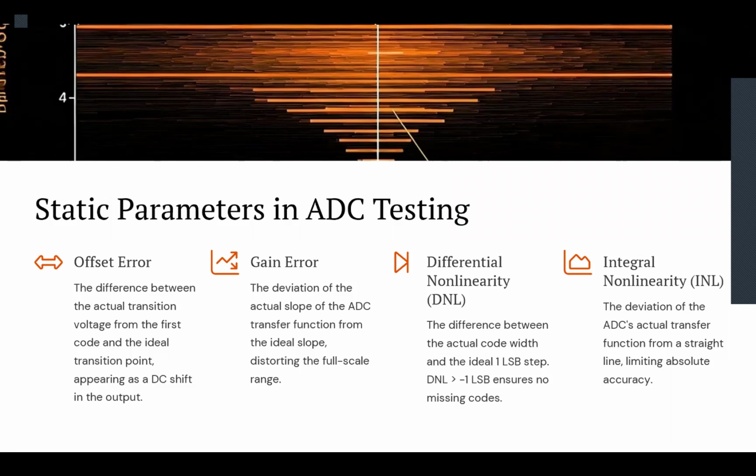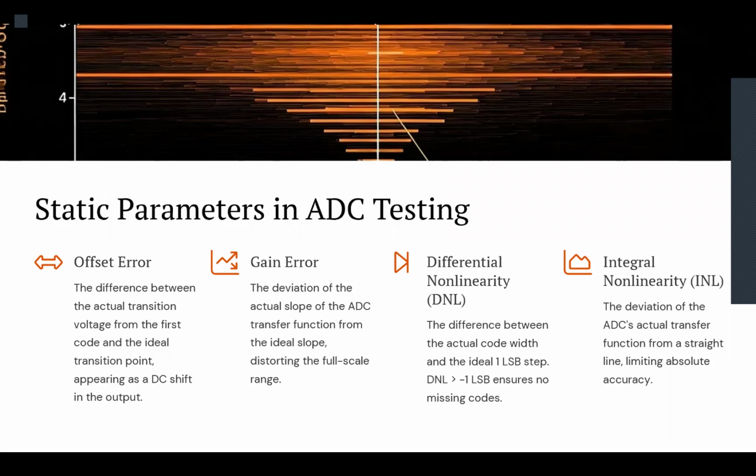Okay, if we have a deviation on each step, on each code, then we have a DNL. If DNL is less than minus 1 LSB, then the ADC is missing some codes. Okay, a good ADC maintains the DNL within plus and minus 1 LSB.